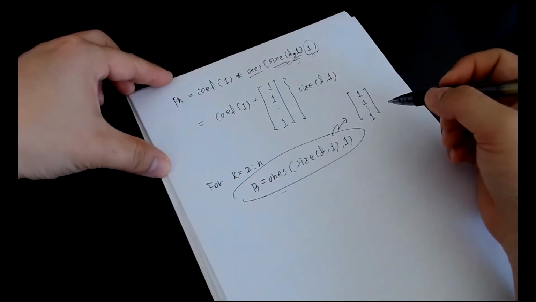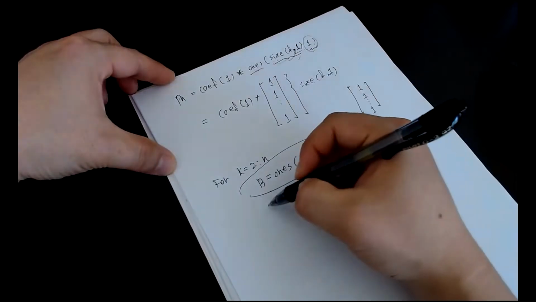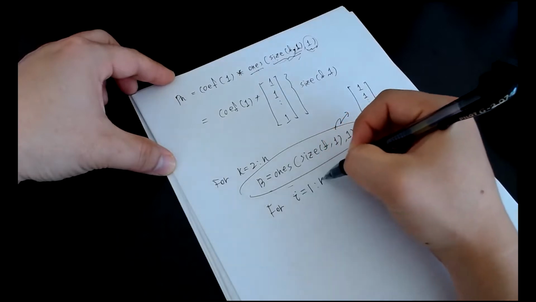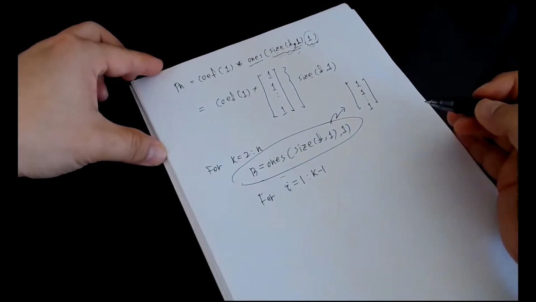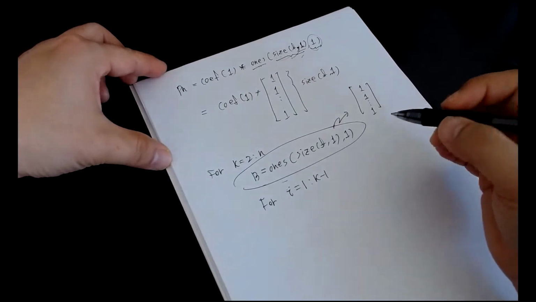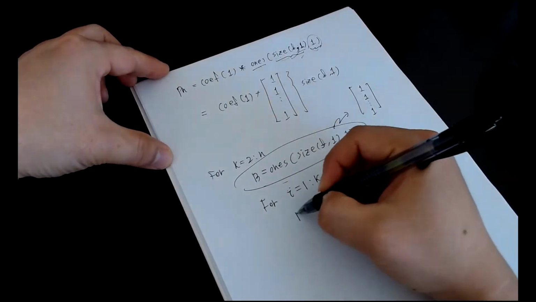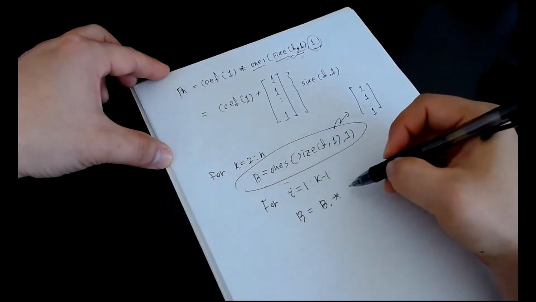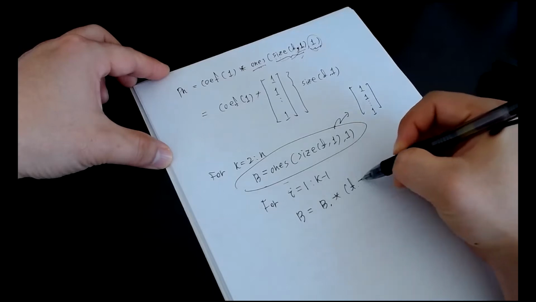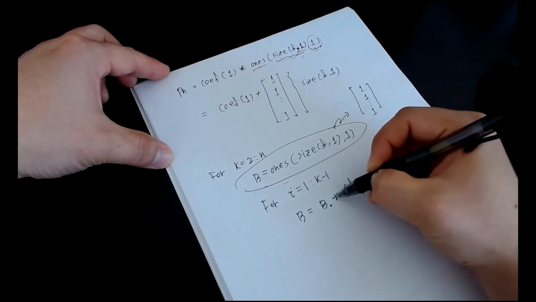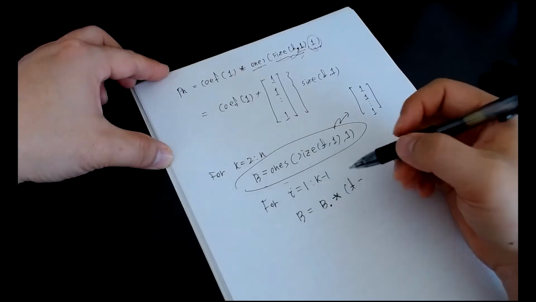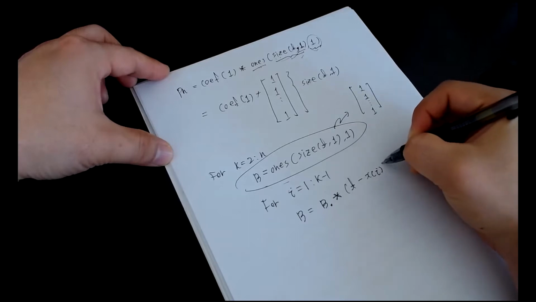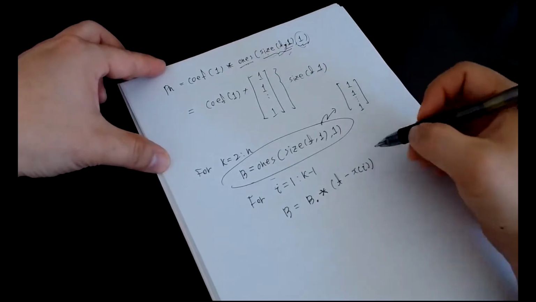Okay, now for i goes 1 through k minus 1, b is equal to b, and then this is a matrix operation, right? Dot times t minus x sub i. What does that mean?